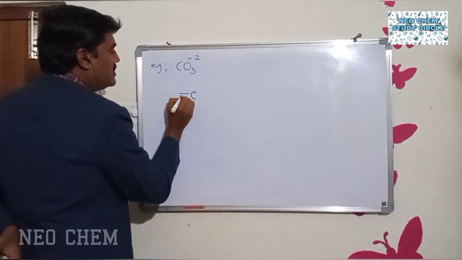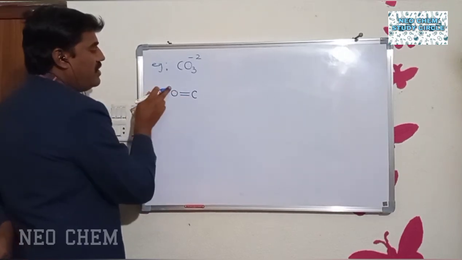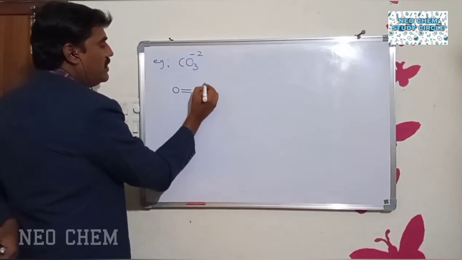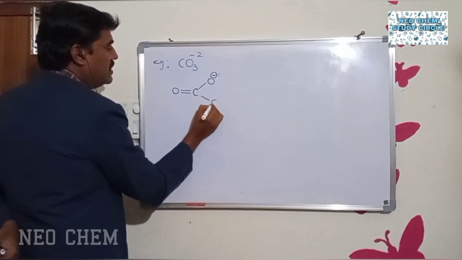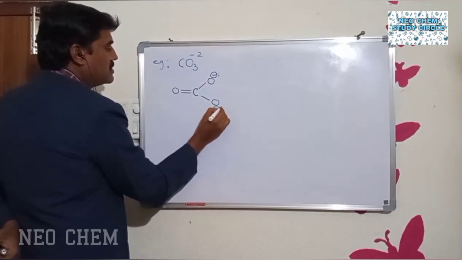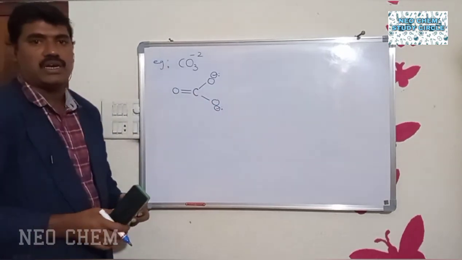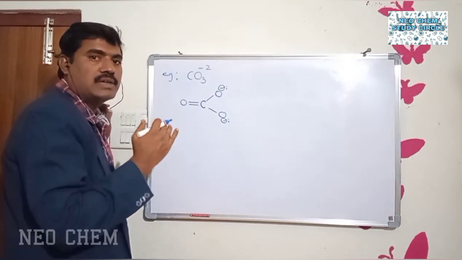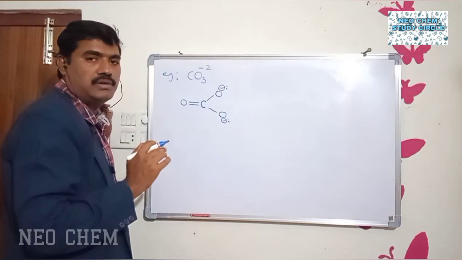Only one oxygen with a double bond without any charge, and the remaining 2 oxygens with a single bond and negative charge, like this. Okay, this is the structure of the carbonate ion. Thus, we should write the oxygens carrying negative charges with a single bond.